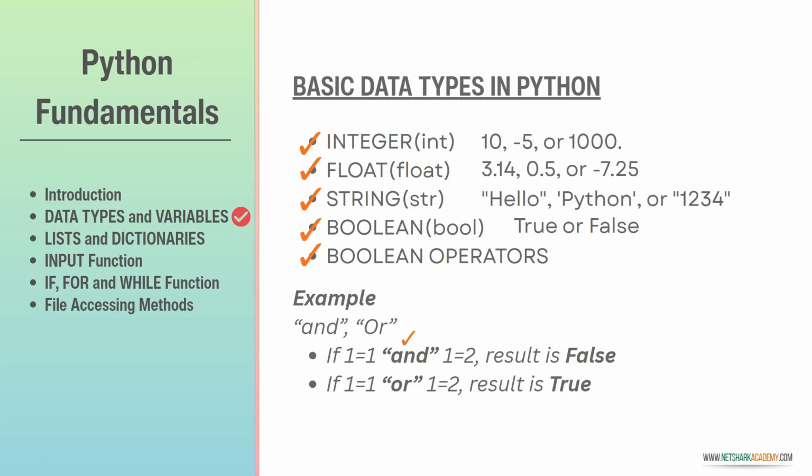Second, if 1 equal to 1 or 1 equal to 2, the result is true, because when using OR as an operator, only one condition needs to be true. We will see them in detail when using them in our labs. Basic data types are the building blocks of Python programming, and understanding them is essential for writing scripts and performing automation tasks.